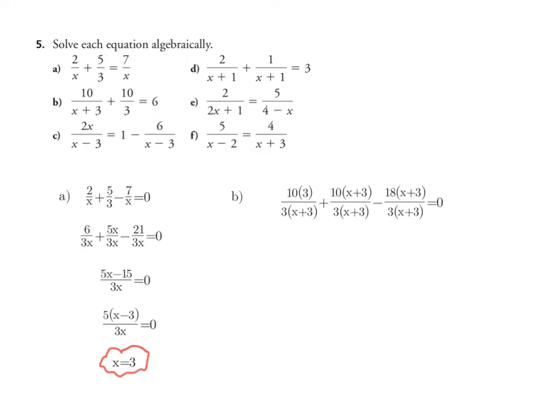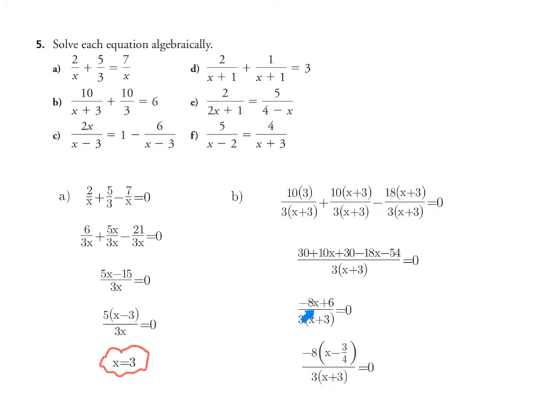So there we go. Now we can put the numerator together and keep the bottom. Here you got 10 times 3 is 30, 10x plus 30 minus 18x minus 54 all over 3 times x plus 3. Put the 10x and negative 18x together, you got minus 8x. Put the 30 minus 54, you got minus 24.